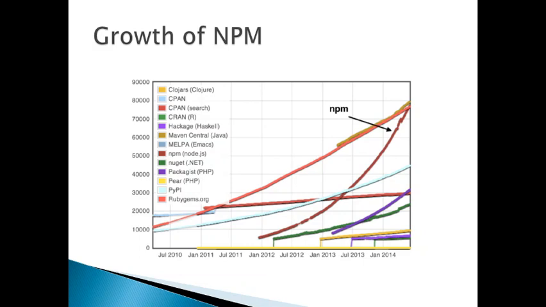You can see there are a number of repositories available related to different languages like PHP, etc., but npm has actually crossed everyone. Now, worldwide, basically only two repositories are working side by side. One is npm and the second is the Python one, pip.